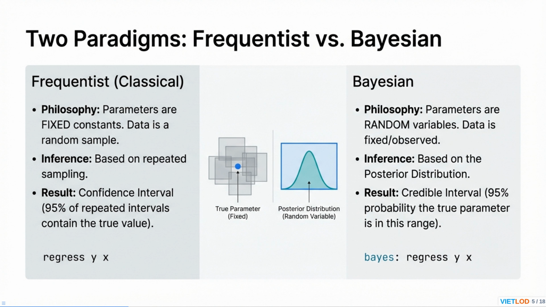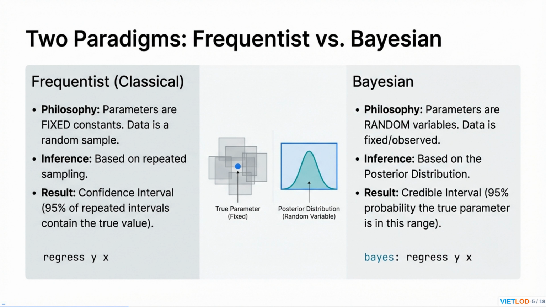The Bayesian paradigm offers a different view. Here, parameters are treated as random variables, and our observed data is fixed. Bayesian inference centers on the posterior distribution, representing our updated beliefs about the parameter after observing the data. This leads to a credible interval, which has a more direct interpretation.